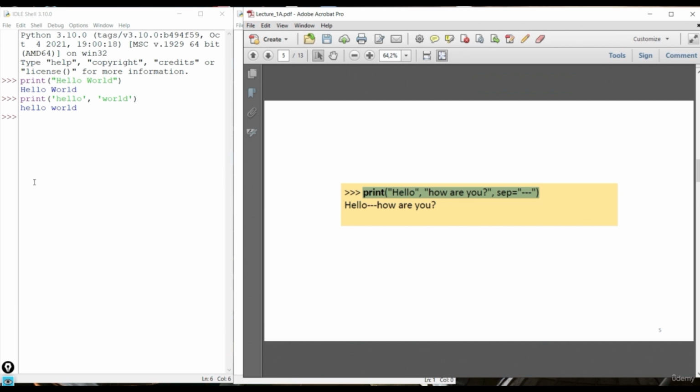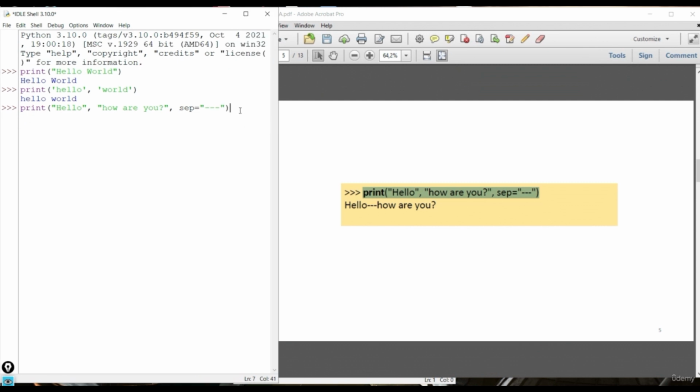I copy and paste it on the left hand side and press the enter key. As you see, these two strings are concatenated, and in between is the separator string, now a string consisting of 3 dashes, and it is used between these two strings.